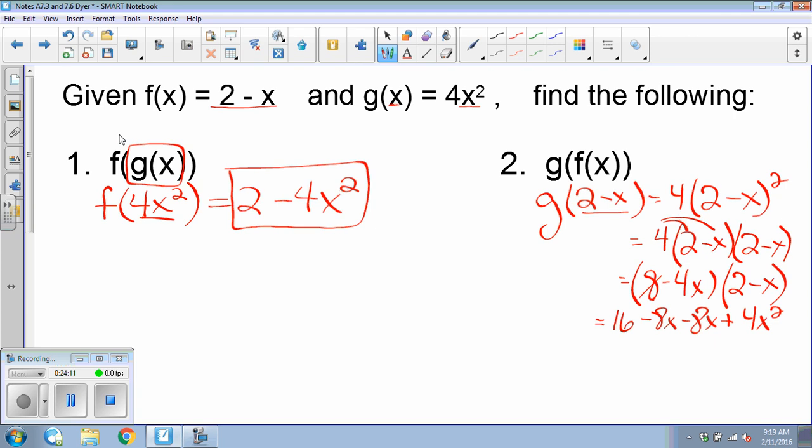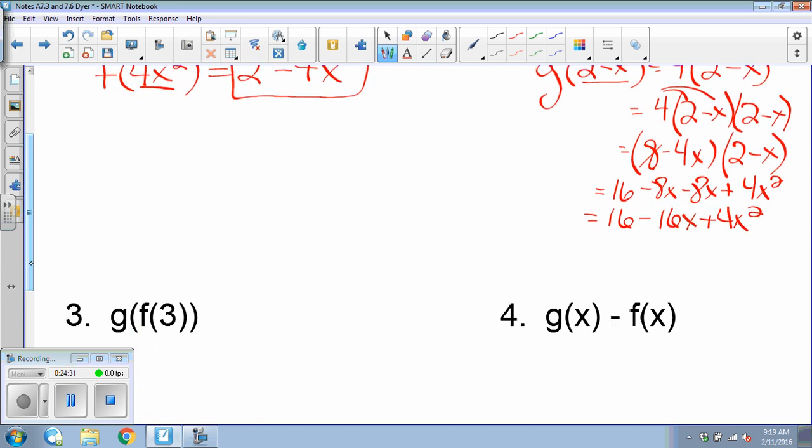Now, if you were checking your answer in the back of the book, they usually put them in descending order, according to your exponents. So this, I didn't combine yet. So it's 16 minus 16x plus 4x squared. Your answer might be written in descending order, where your 4x squared will be first, then minus 16x, then plus 16.